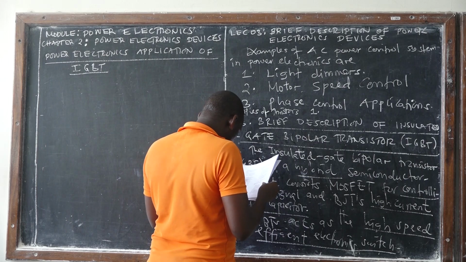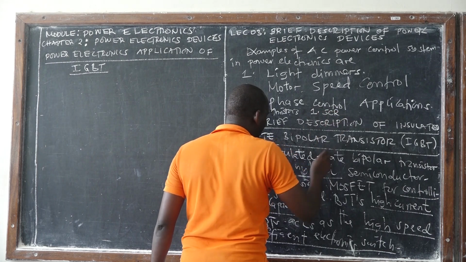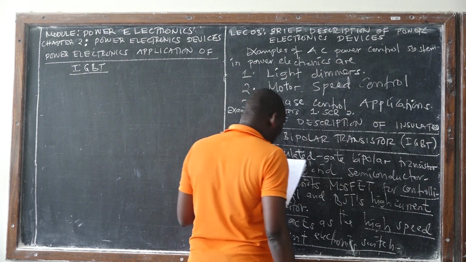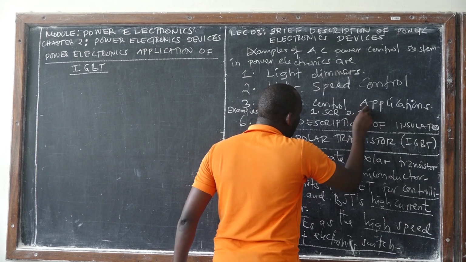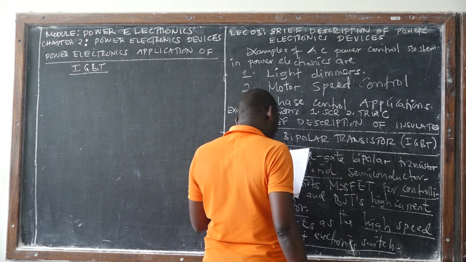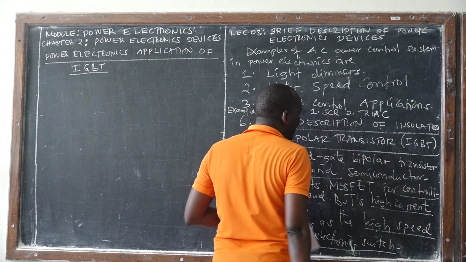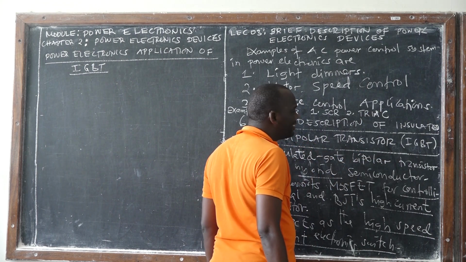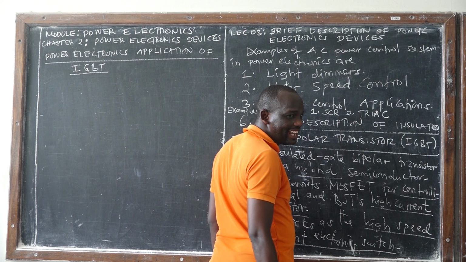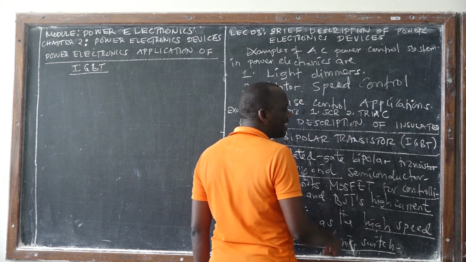The first example of a thyristor is called the silicon controlled rectifier. Say silicon controlled rectifier. The second example of a thyristor is called the triac. Say triac. Listen to your neighbor say triac.